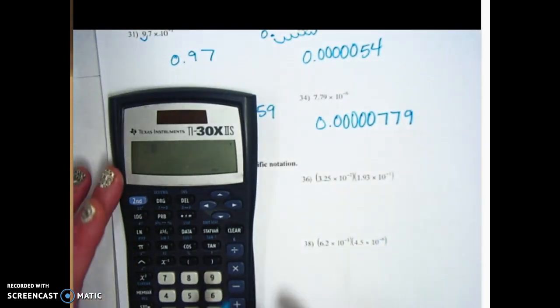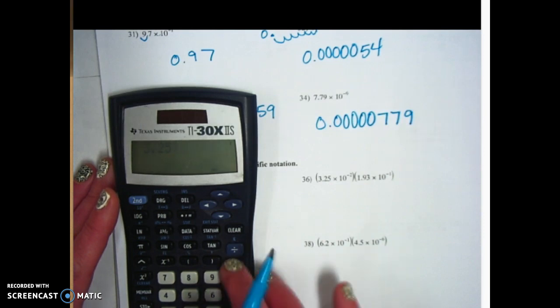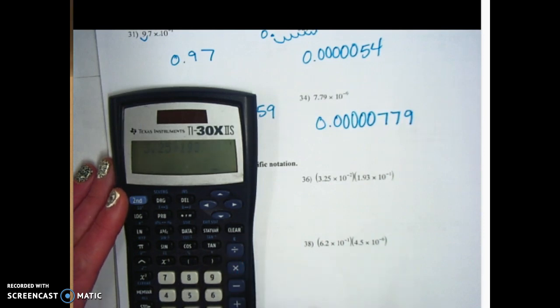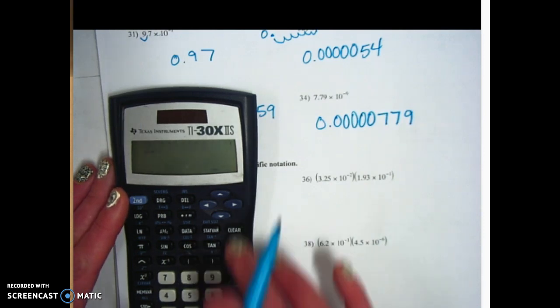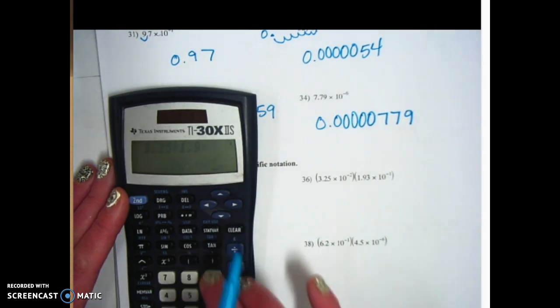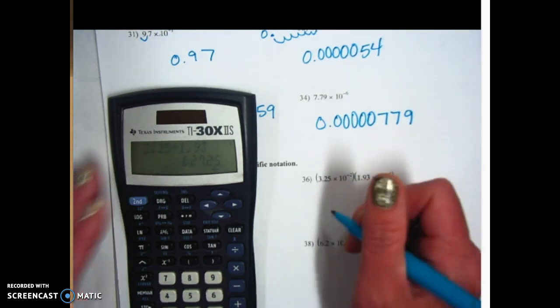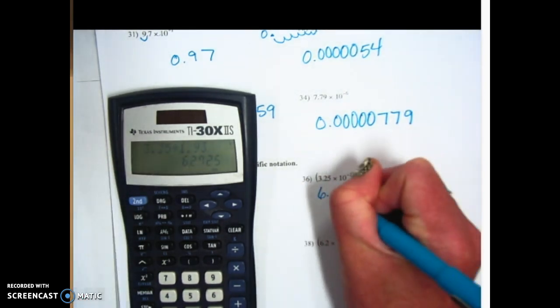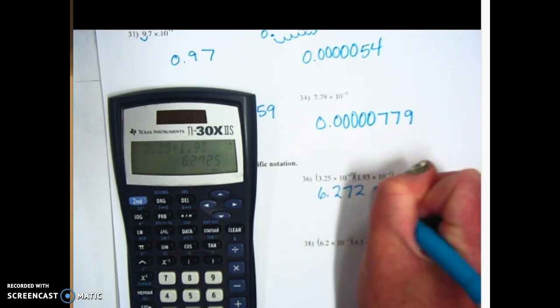Number 36, I'm going to multiply the 3.25 times the 1.93, I get 6.2725.